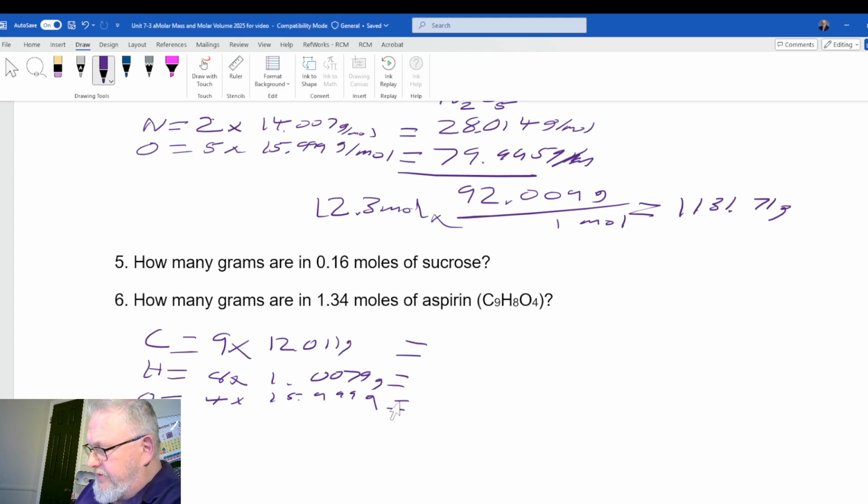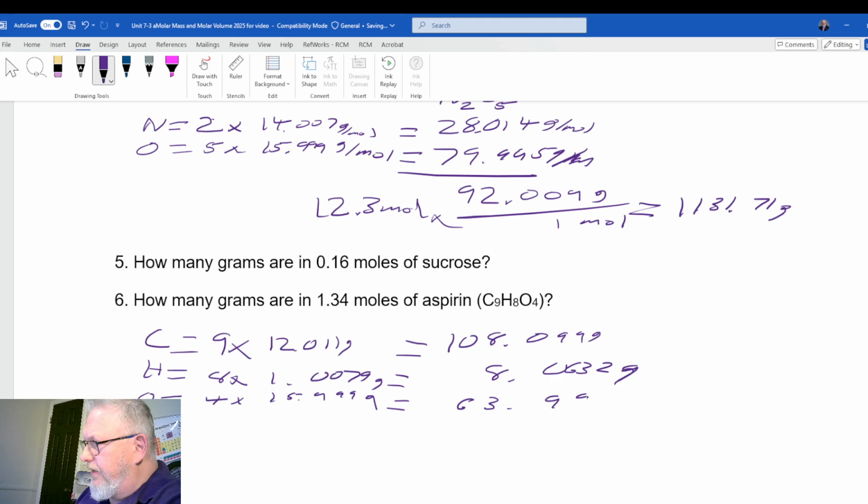All right, we'll make that like so, just so we can see and add it up. So 9 times 12.011, I get 108.099 grams per mole. And then 8 times 1.0079, I get 8.0632 grams. And then 4 times 15.999, I get 63.996.